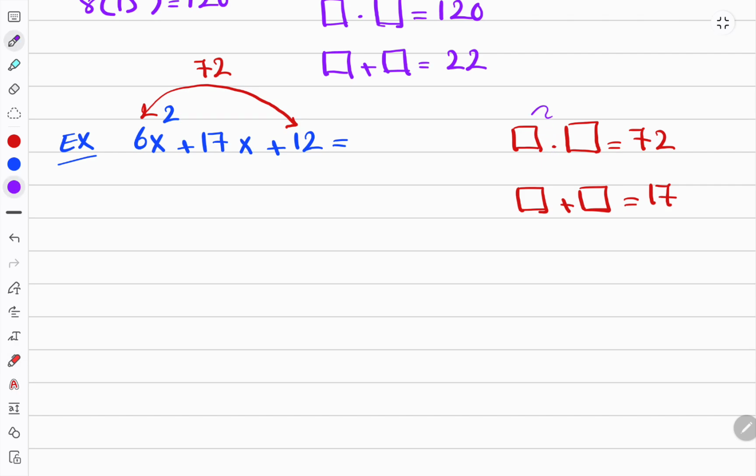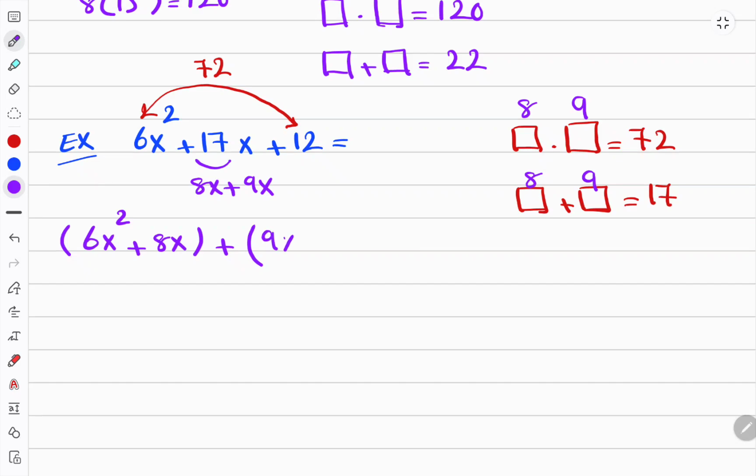So our two numbers are 8 and 9. So we found that we should split 17x into 8x plus 9x. So we have 6x squared plus 8x for the first group and 9x plus 12.